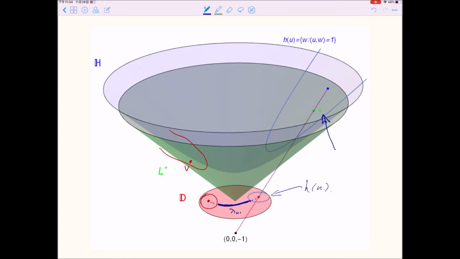This will be our lambda(u, v). The length will be lambda(u, v), and it turns out that the lambda length is just given by the inner product of this vector and this vector inside the Minkowski space. So it has a very nice description.